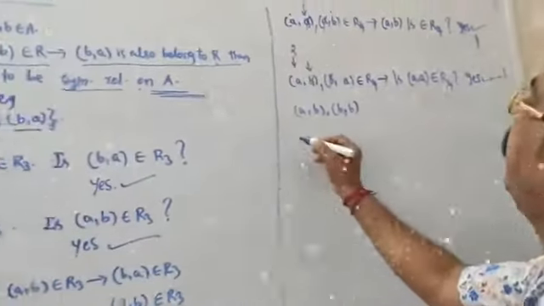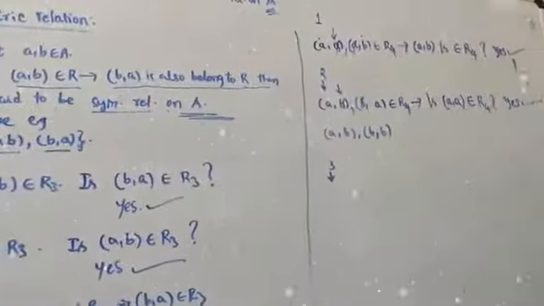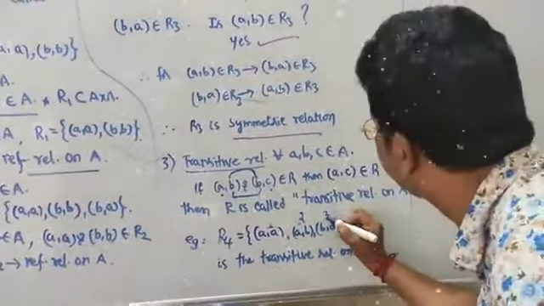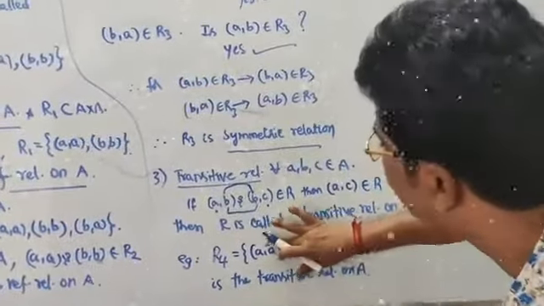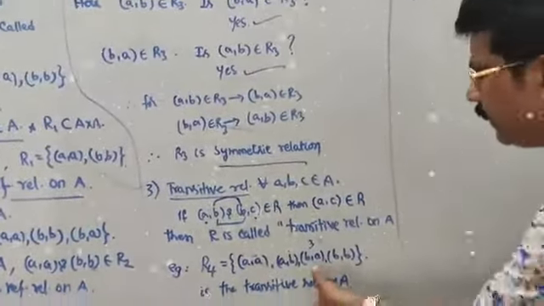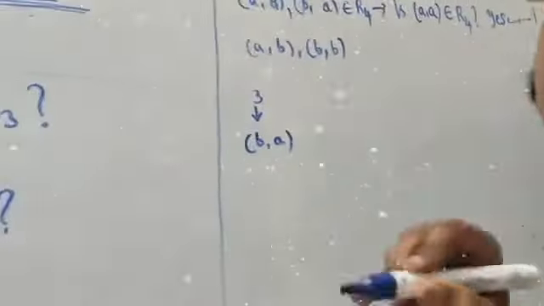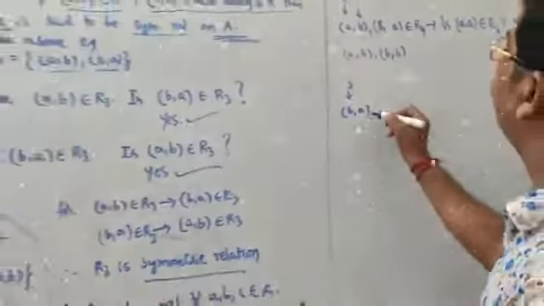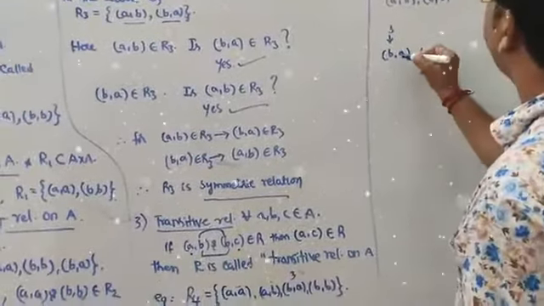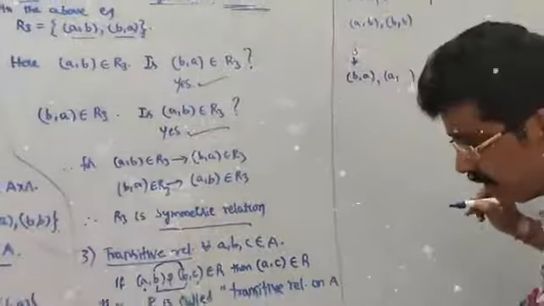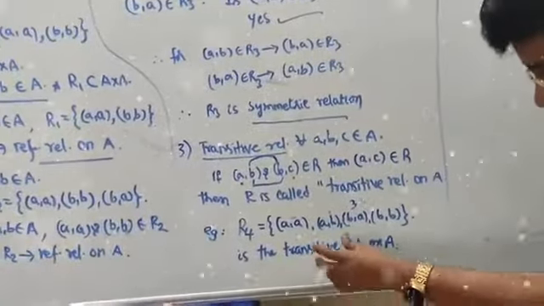Okay, next, take the third element, (B, A). It ends with A. Take the elements starting with A. How many are there?